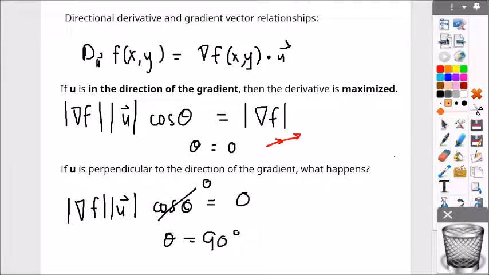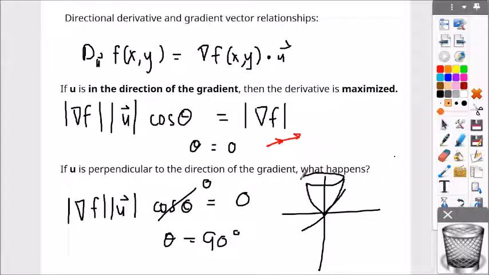Which kind of makes sense. So if I draw something like this elliptic paraboloid right here, bad drawing, its level curves are like circles, or ellipses.